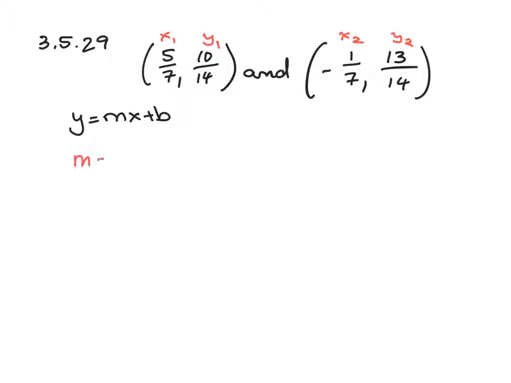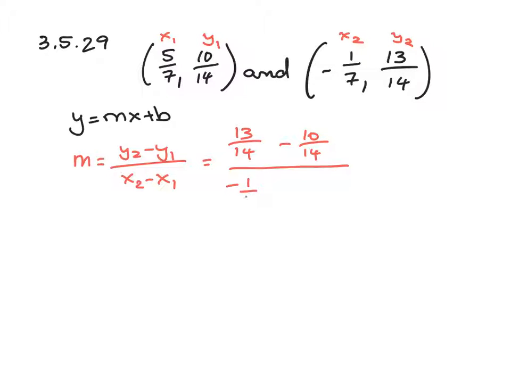So the slope formula is y2 minus y1 over x2 minus x1, which we have here as fractions: 13 over 14 minus 10 over 14, divided by negative 1/7 as my x2 minus 5/7.